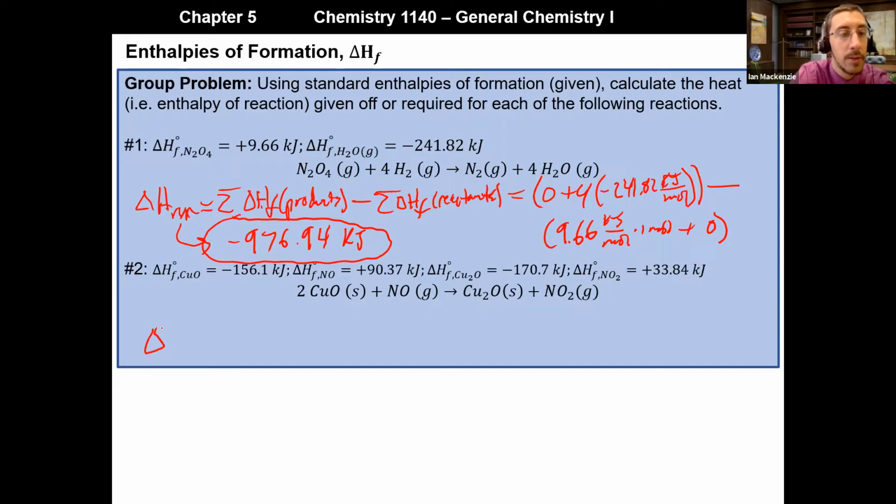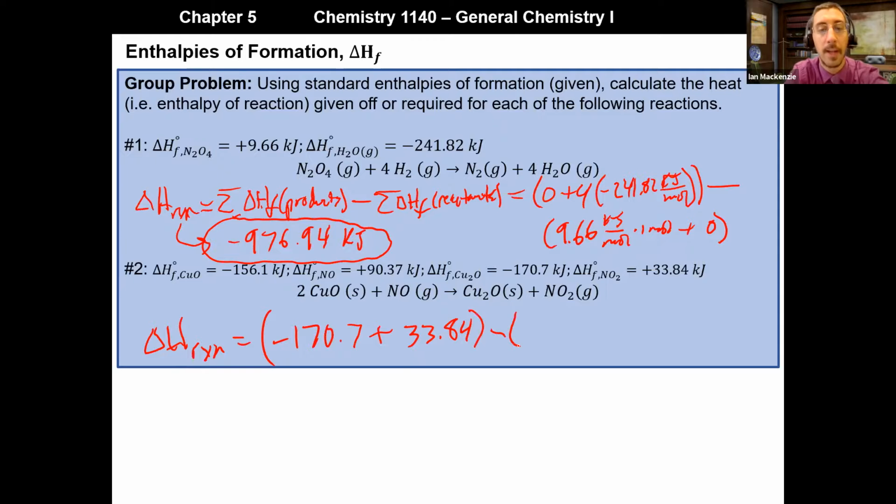So delta H for reaction is going to be equal to, on the product side, Cu2O, that is listed as negative 170.7 times just 1, kilojoules per mole times just 1, plus NO2 is listed as being positive 33.84.